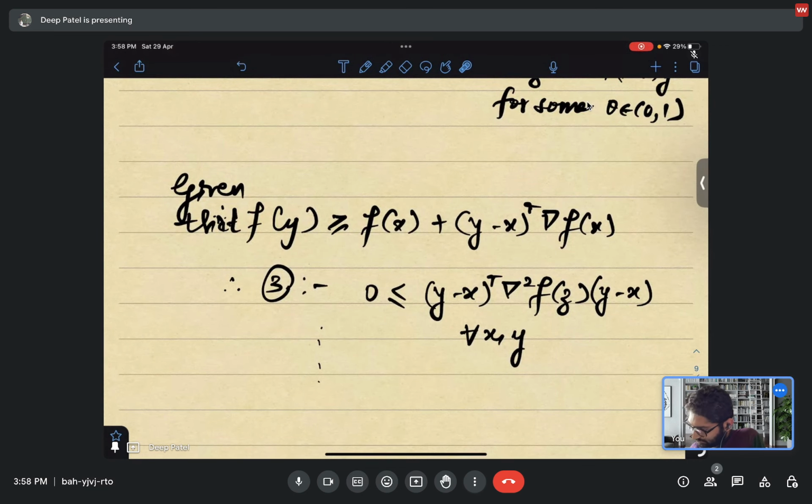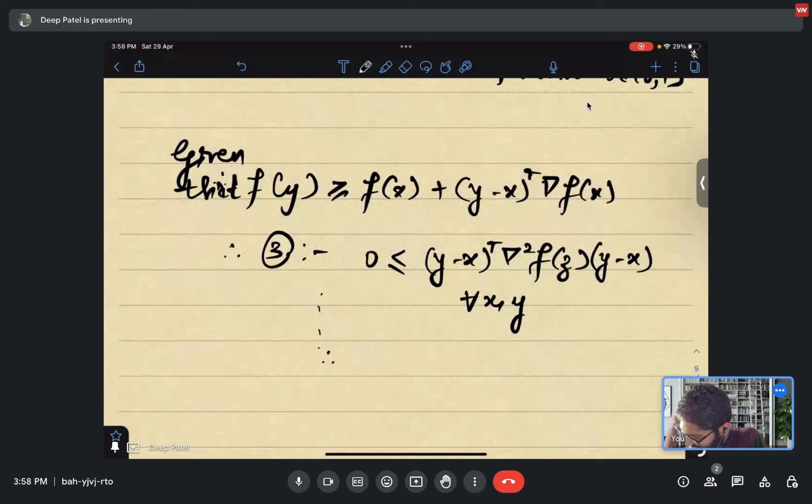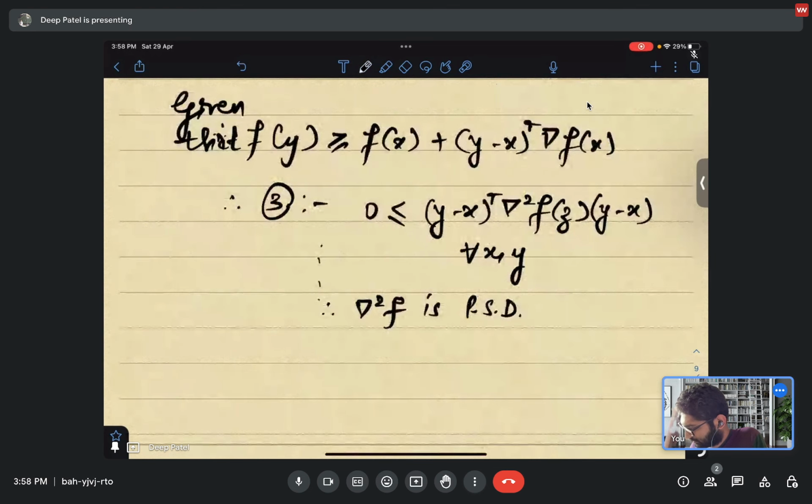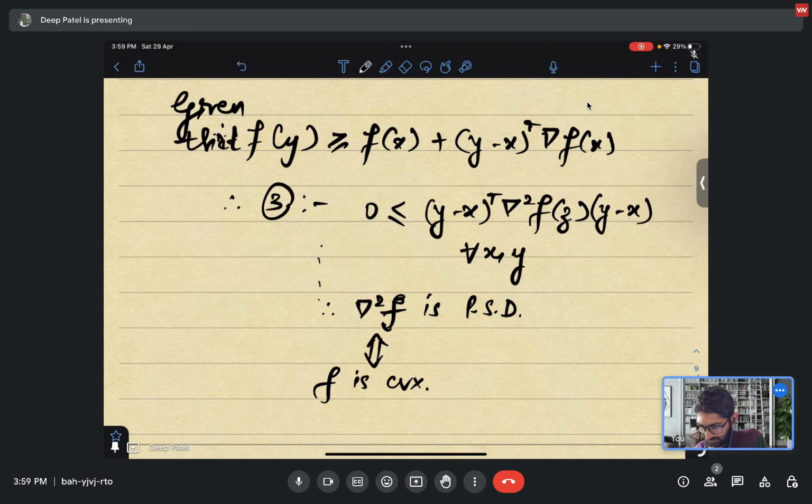So then the Hessian is positive semi-definite, and this is if and only if f is convex. So I have shifted the burden to something else slightly, which is to say that f is convex if and only if the Hessian is positive semi-definite.